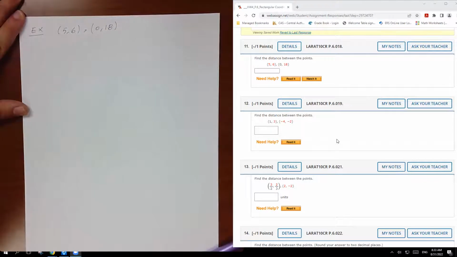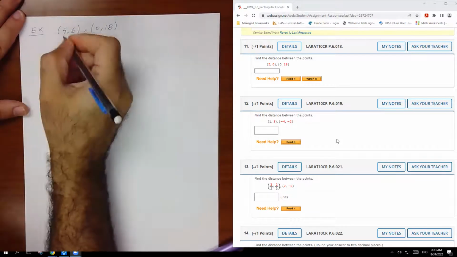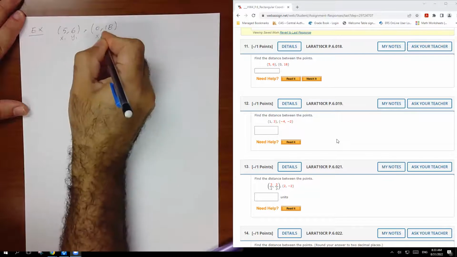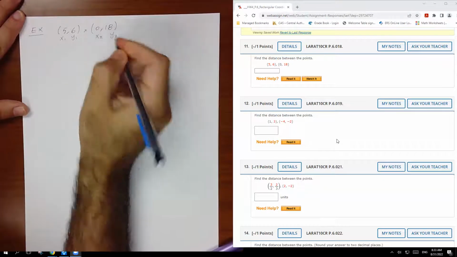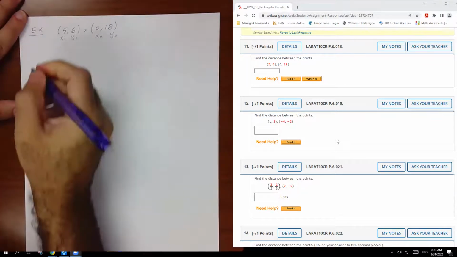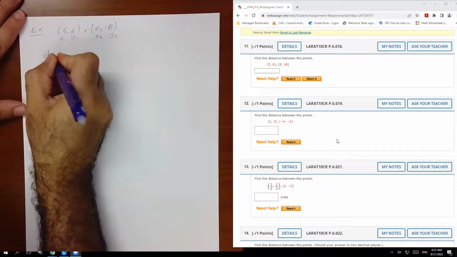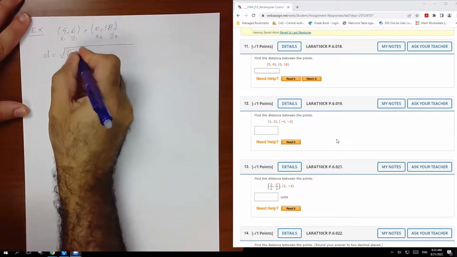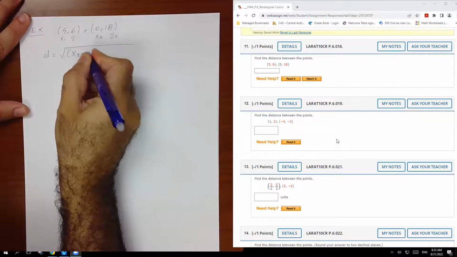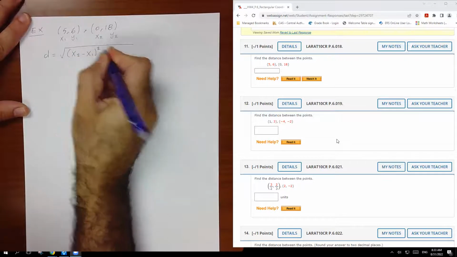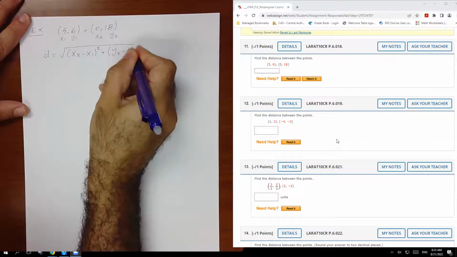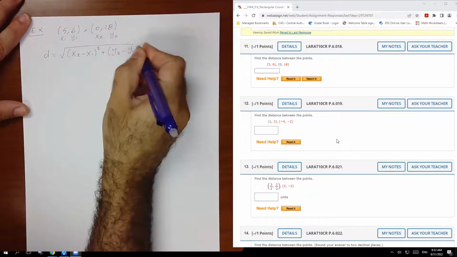So again, before I start, write down the formula. I'm going to say this is x1, y1, x2, y2. Then the distance formula equals the square root of x2 minus x1 squared plus y2 minus y1 squared.